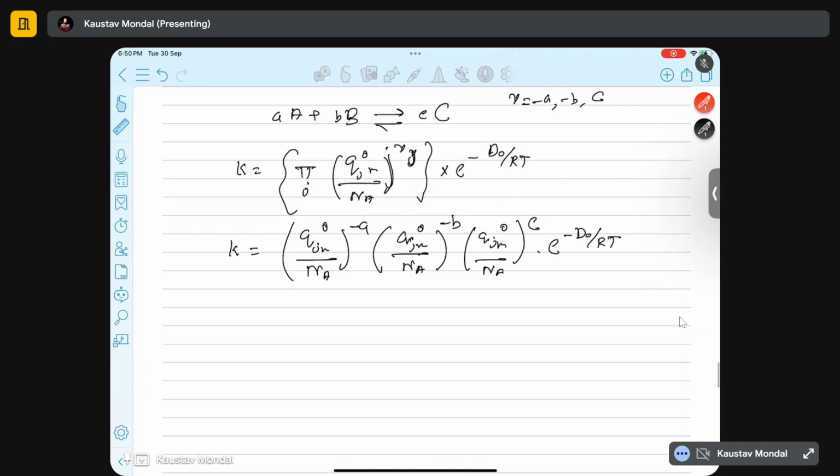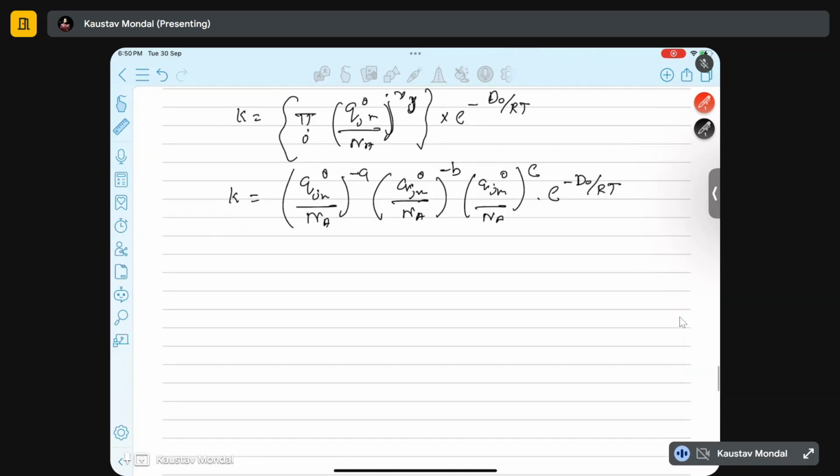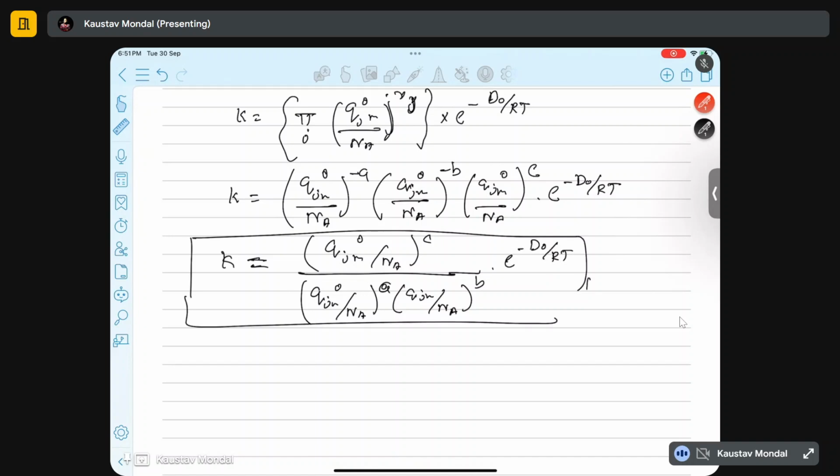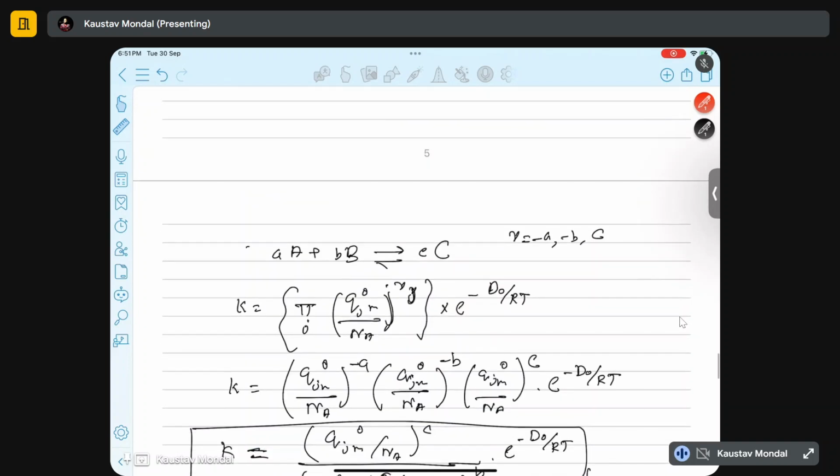You can write it more compactly as qCm0 by Na to the power c divided by qAm0 by Na to the power a into qBm0 by Na to the power b, into e to the power minus delta E0 by RT. This is the expression of K for this very general type of reaction.